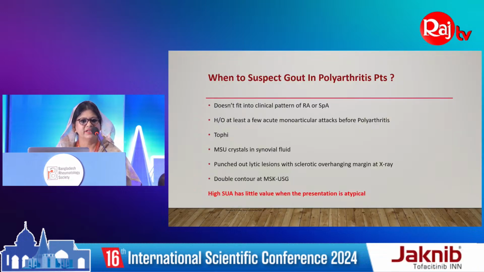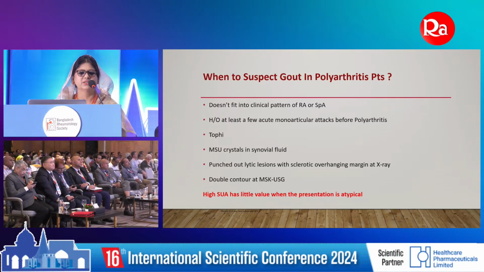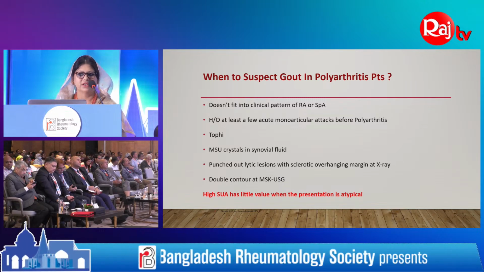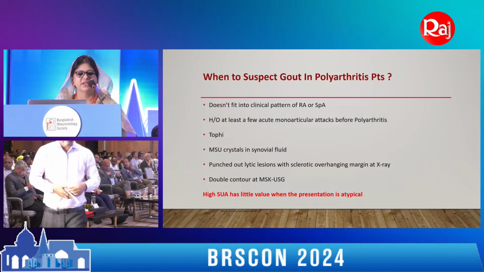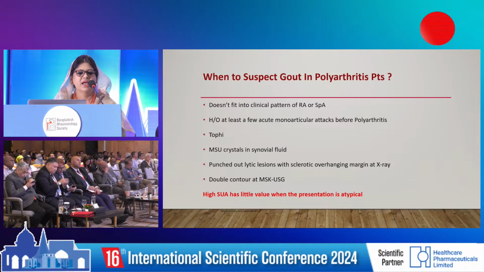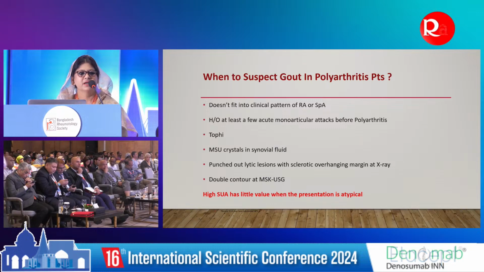When to suspect gout in a patient with polyarthritis? When a patient presents with polyarthritis that does not fit into the clinical pattern of typical rheumatoid arthritis, spondyloarthropathy, or other types of connective tissue disease, and the patient has had at least one acute monoarticular attack before the polyarthritis, has nodular swelling, that is tophi, or joint fluid aspiration shows monosodium urate crystals.